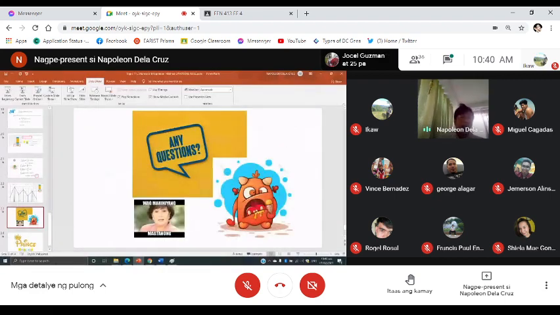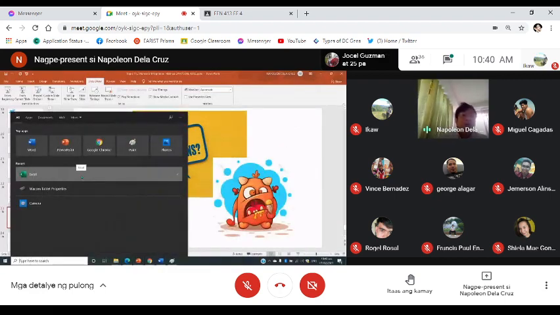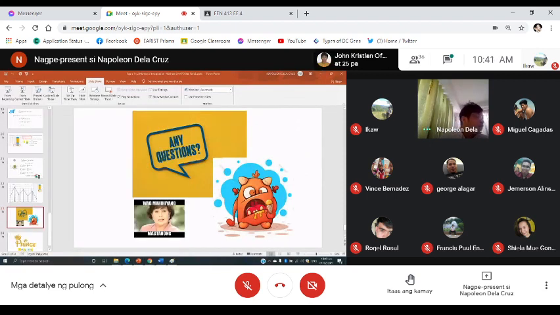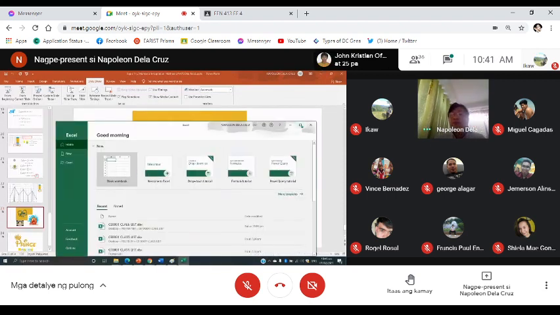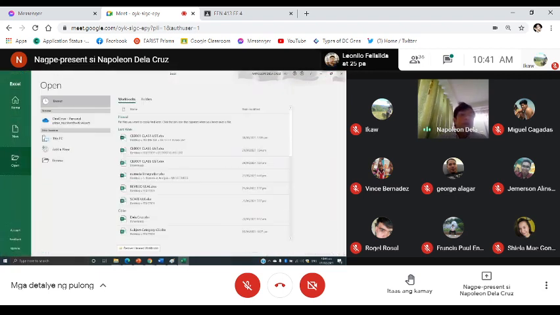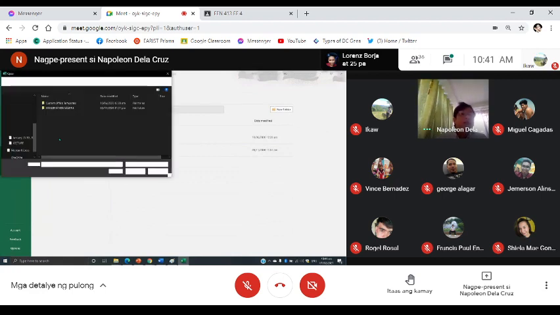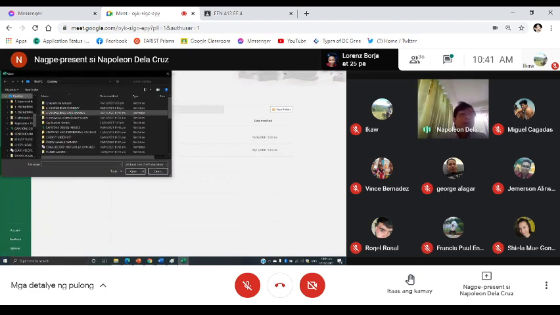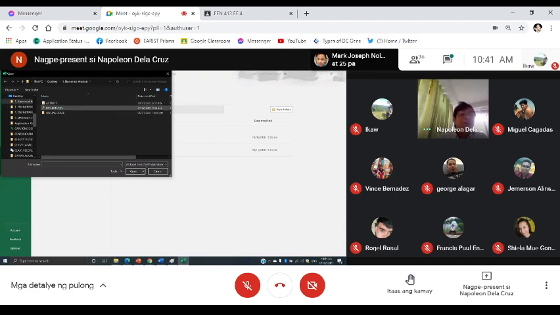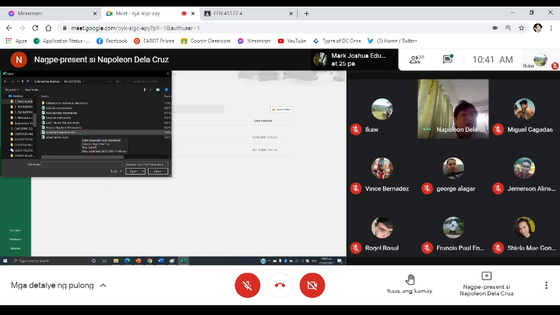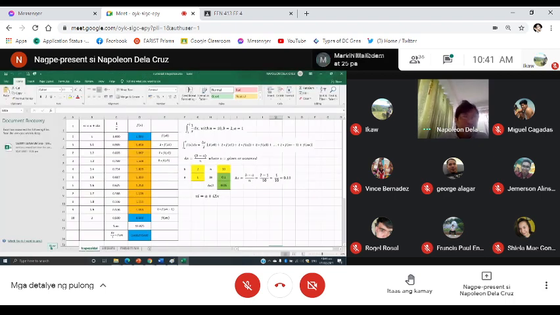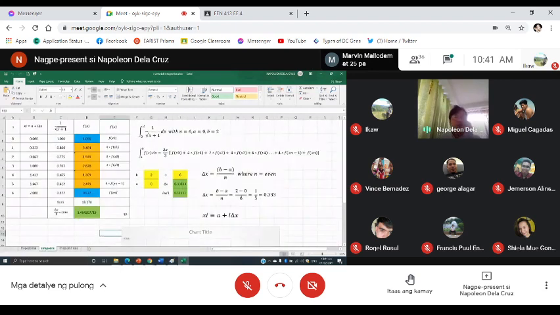Punta tayo doon sa aking Excel. Papakita ko sa inyo nasaan ang Excel. Bakit ba hindi ko kasi nabuksan pa kanina? Numerical integration. Okay? Simpson's rule.